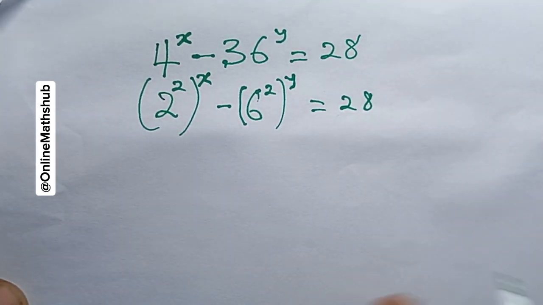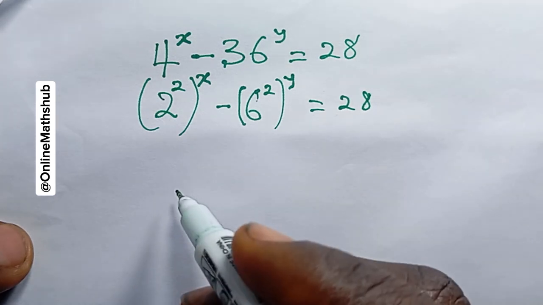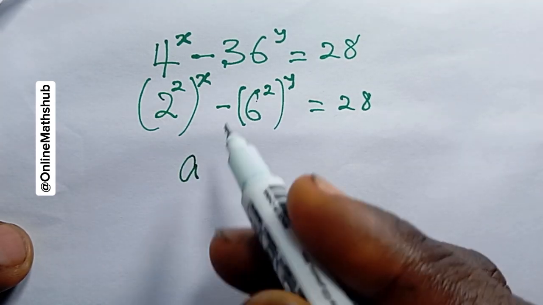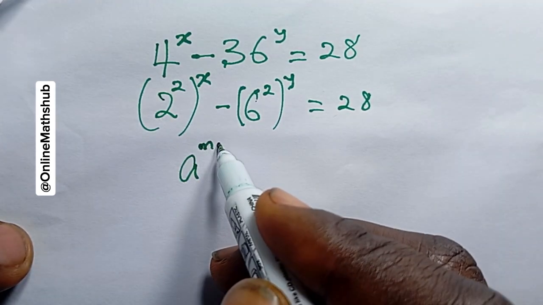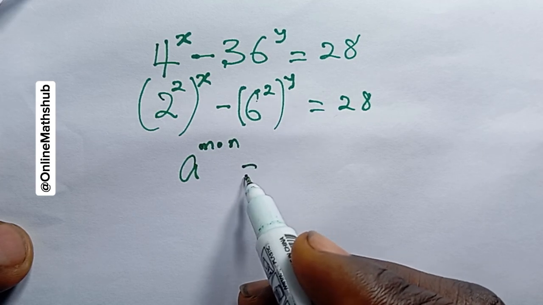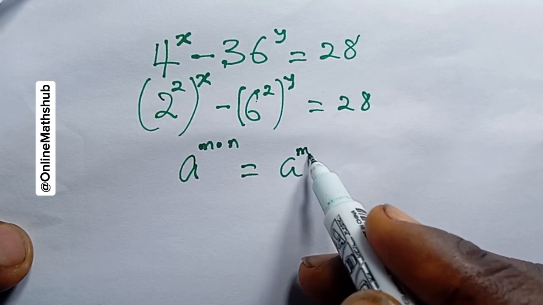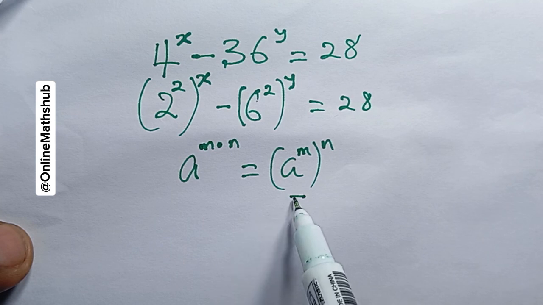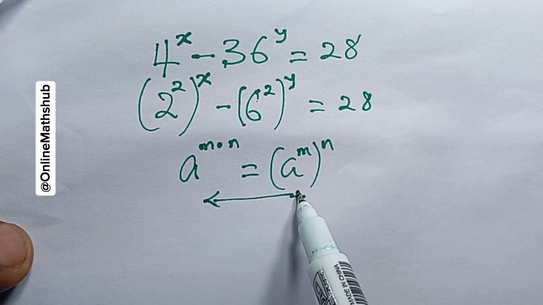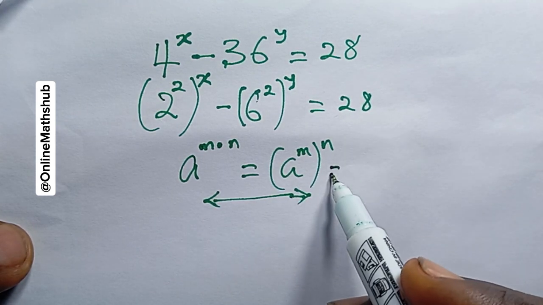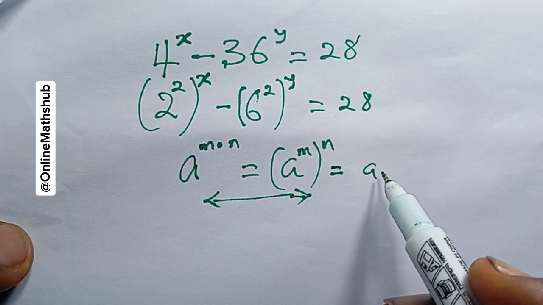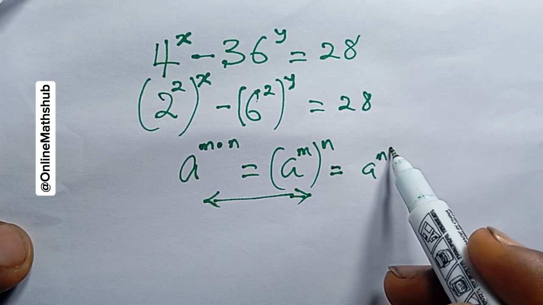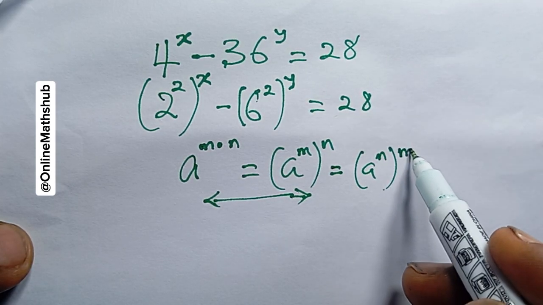Okay, so if you remember one of the rules of indices, which basically says that if you have a power m multiplied by n, you can also write this as a power m bracket n, and then of course you can also write this as a power n raised to power m.